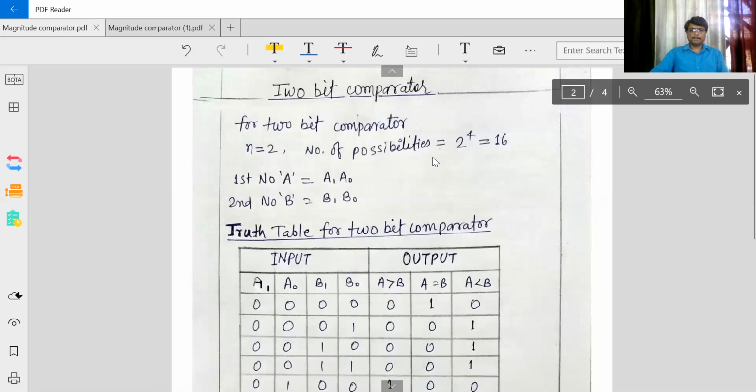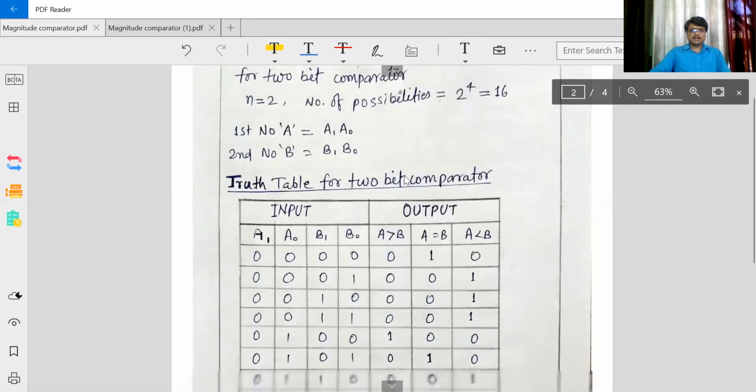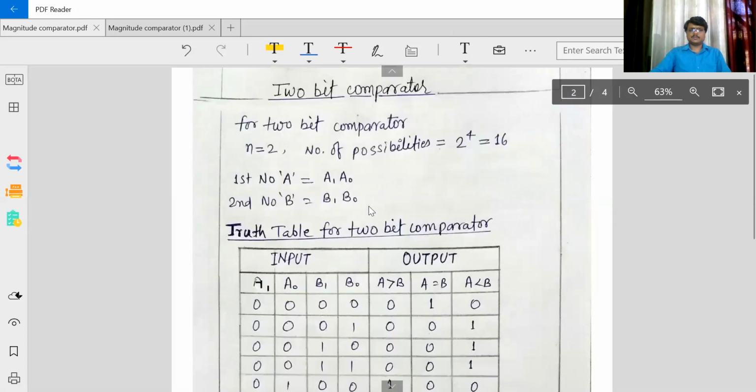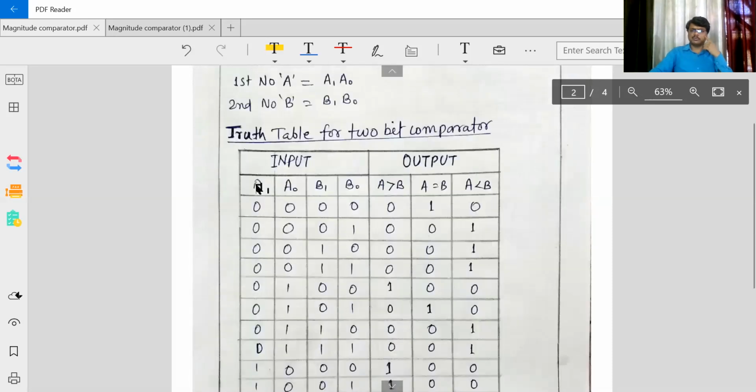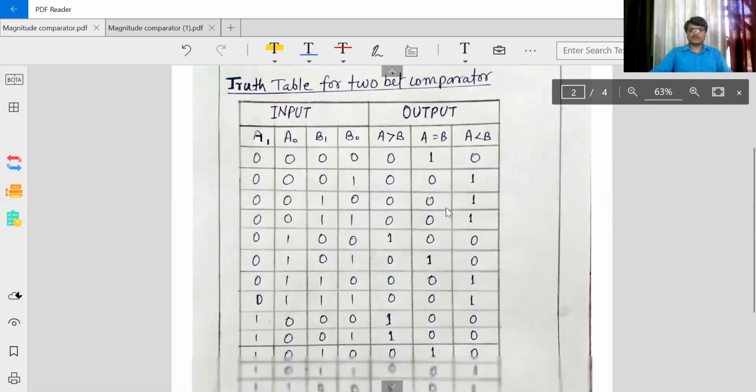Now see, here the first number is a 2-bit number A1 A0, and the second number B is also 2 bits, B1 B0. So four inputs will be there, 2 for A and 2 for B, and there will be three possible outputs, and we will have to fill this table.